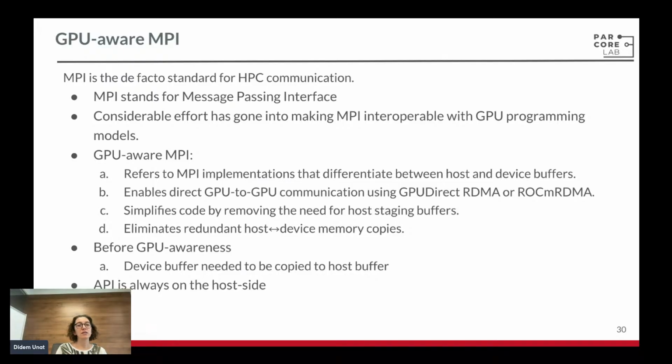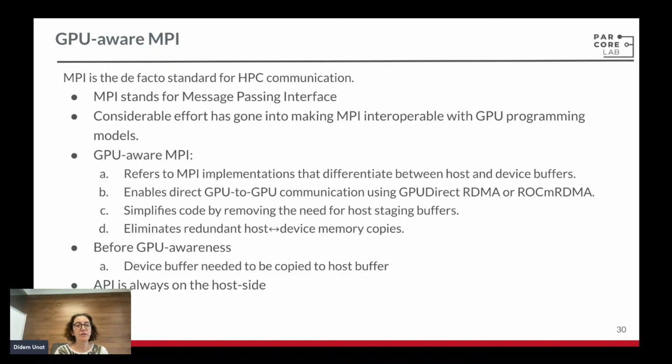It scales. It's portable. That's why considerable effort went into making MPI work with GPUs. But MPI was designed in 1993, so it wasn't designed with GPUs in mind. The other solutions came much later, around 2011 to 2013, I think.